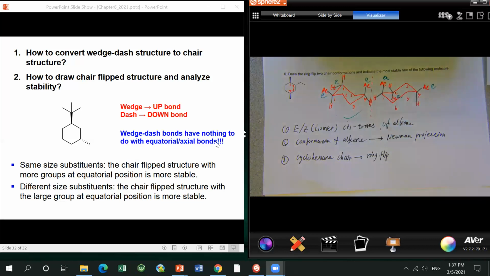Because chapter 6 has a lot of drawing, especially the chair conformation, ring flip, and also Newman projection, I decided that quiz 4 covers chapter 6, and we will do it as a paper-based quiz. You have to draw the real chair conformation, ring flip, and the Newman projection by hand.